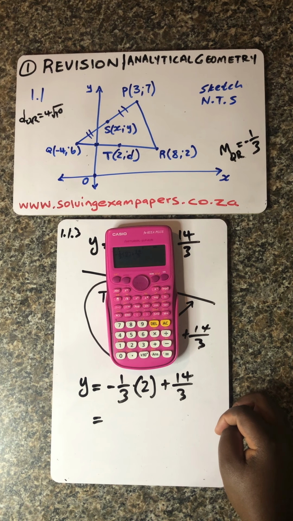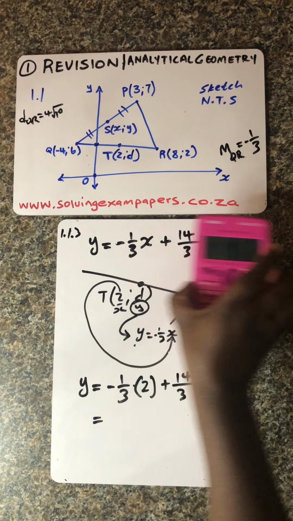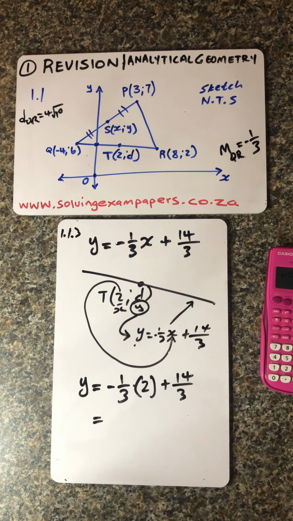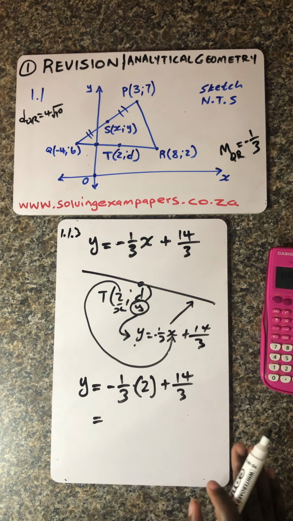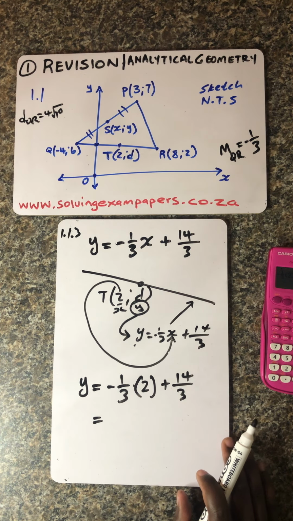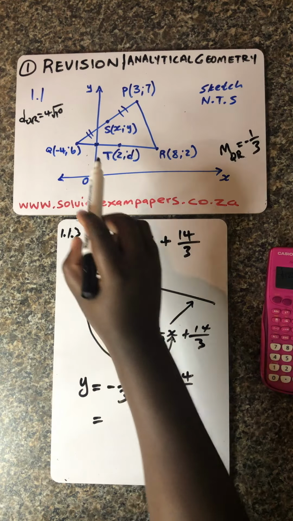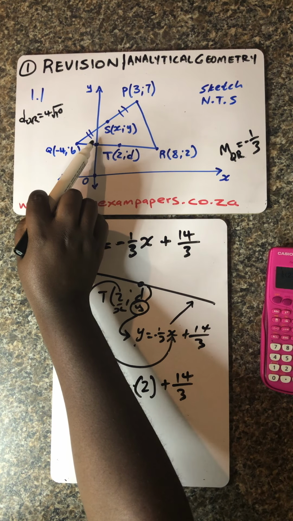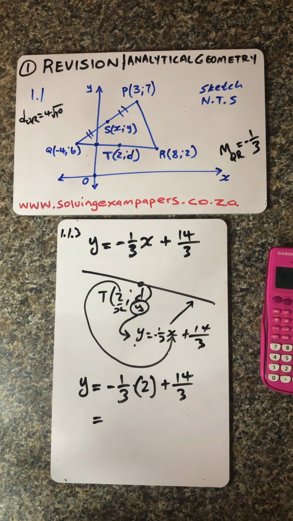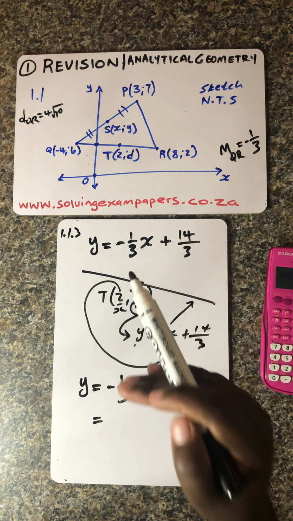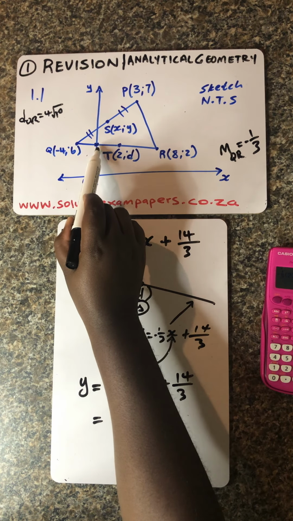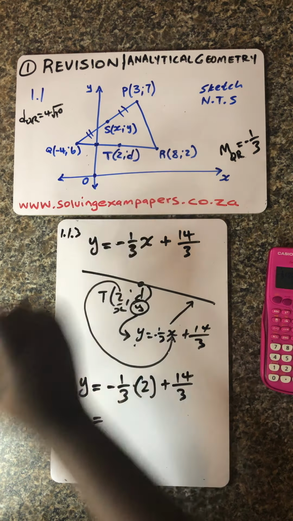I just want us to be careful of something, ladies and gentlemen. Before I punch an equal sign, let's try to see if we can estimate that value. So obviously, guys, we know that point is a number which is closer to 5. Okay, so that means the answer that we get is just below that point.